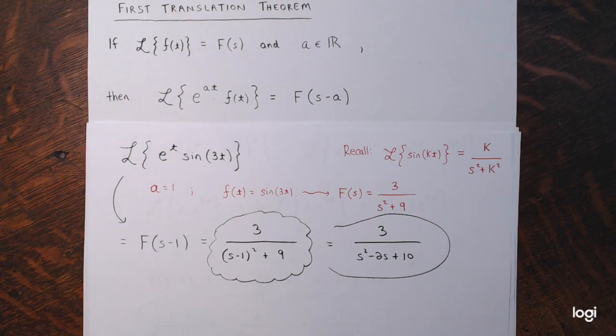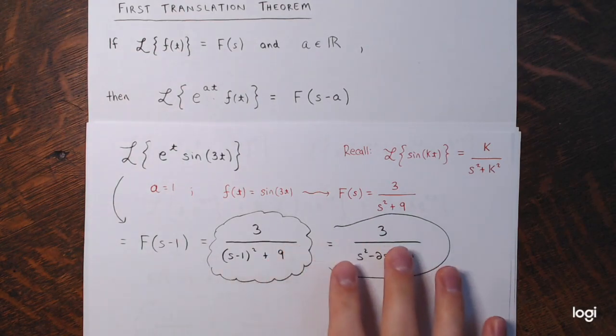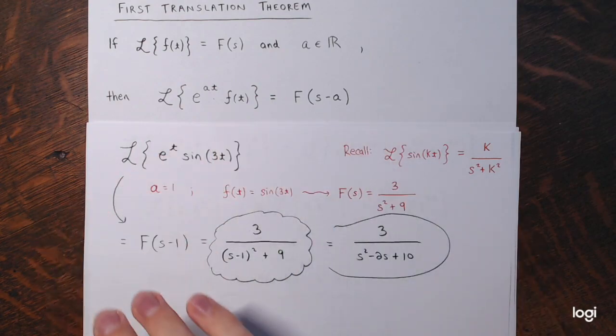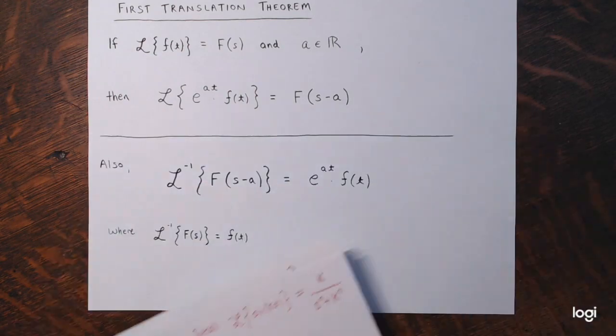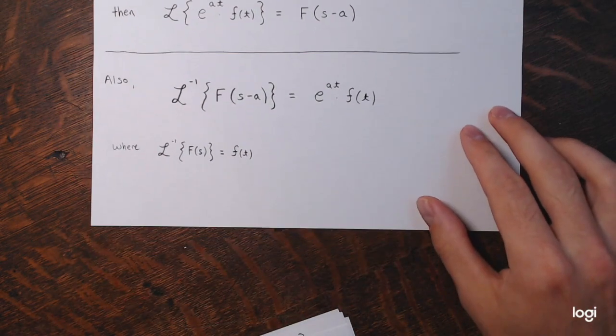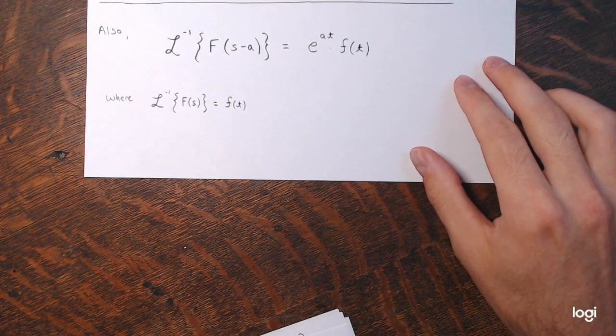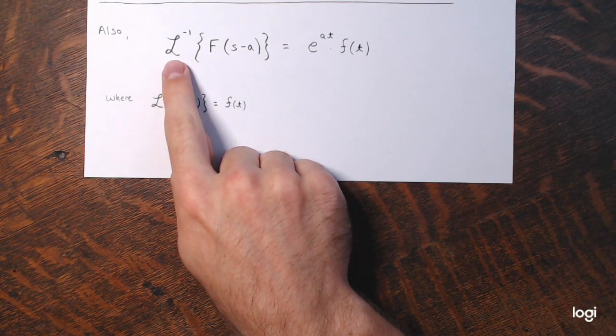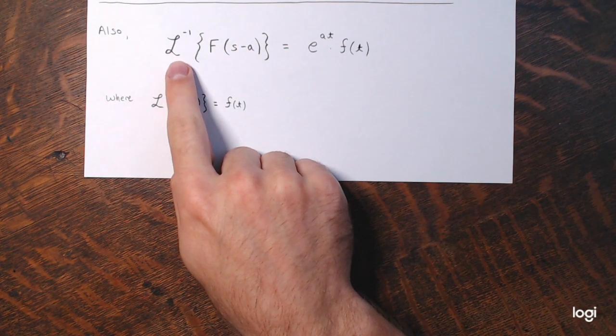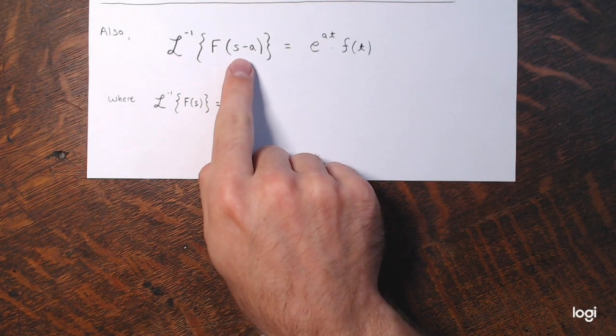All right, now I'm going to reverse it. Now we're going to be given some Laplace transform and go backwards. What's the inverse Laplace transform, right? What's the function that has the given transform? So that's going to be using the second half of the page here. Just reversing: the inverse Laplace transform of capital F of s minus a, right?